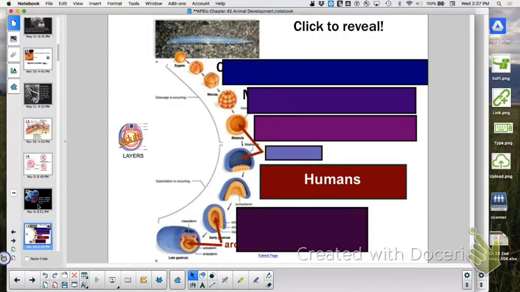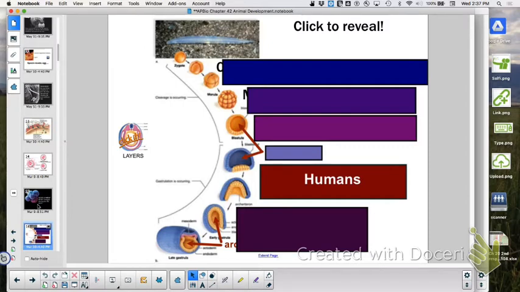Now, these are the stages I want to teach you. If you remember from the lecture, the steps of development and the movement of cells, which is called morphogenesis, when cells are moving about, will vary depending on how much yolk is in the egg.